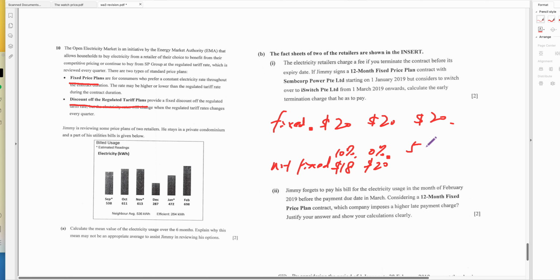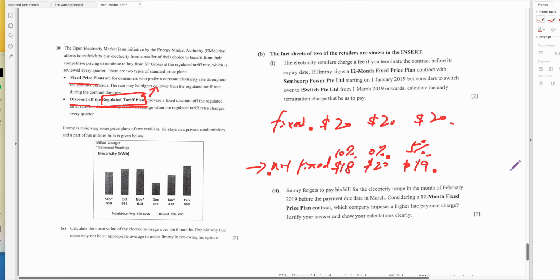But with a 5% discount, 19. Understand? But if it's like this, then people will definitely choose the not fixed one. Okay, so this is given that the regulated tariff rate doesn't go up.